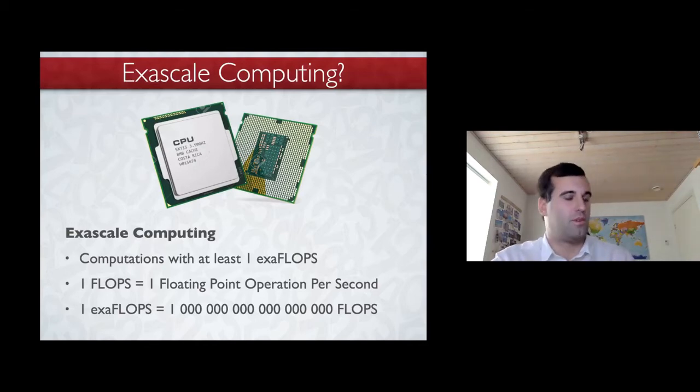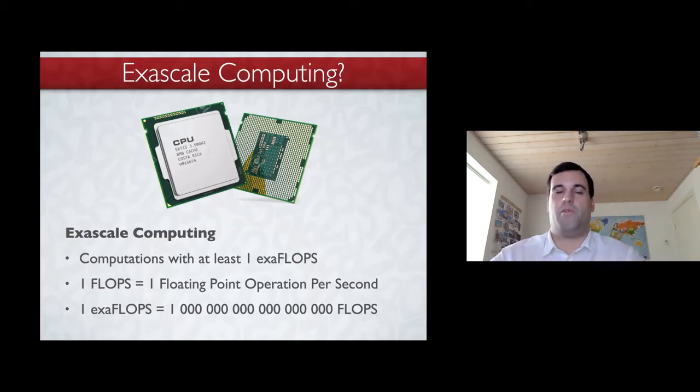And one flop stands for one floating point operation per second. And then one exaflop, exa stands shortly for 10 to the 18. This is 1 with 18 following zeros operations per second. So you can imagine this is a massive amount of computing power.